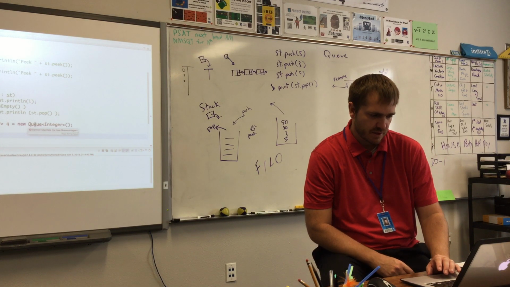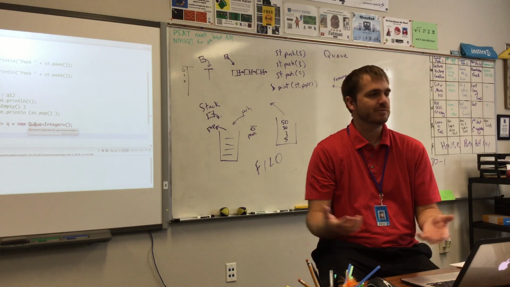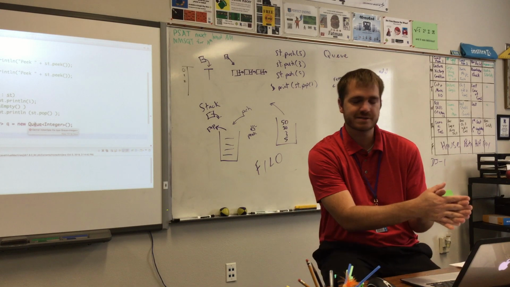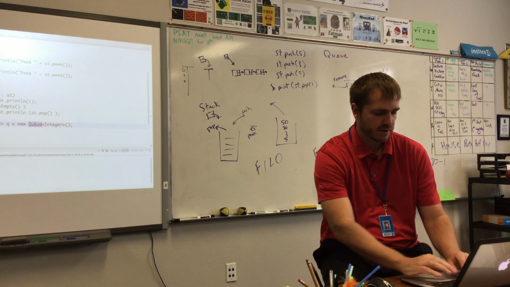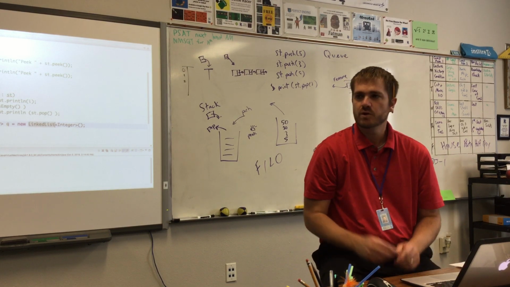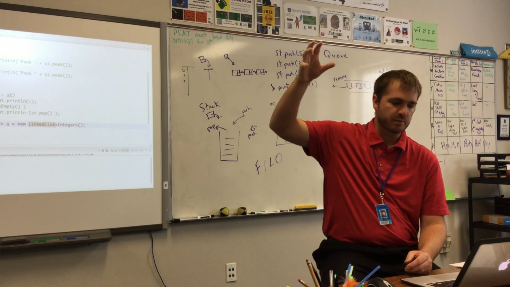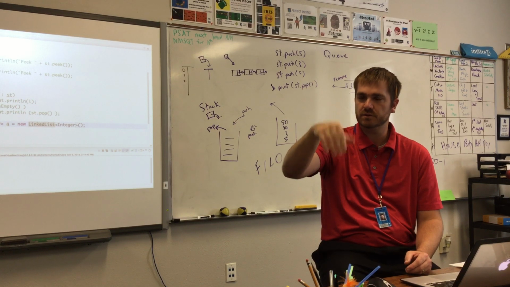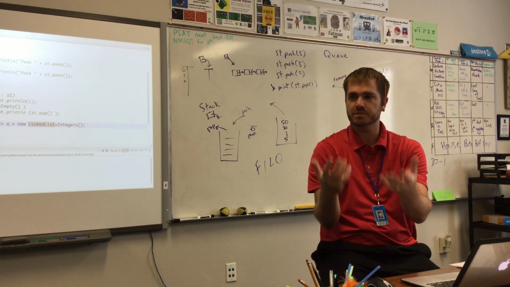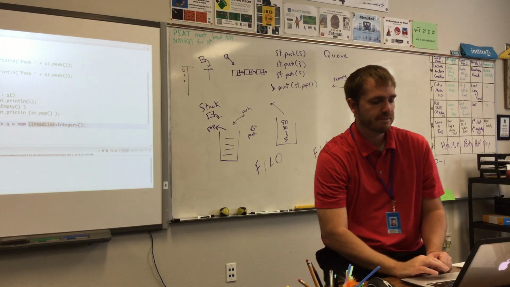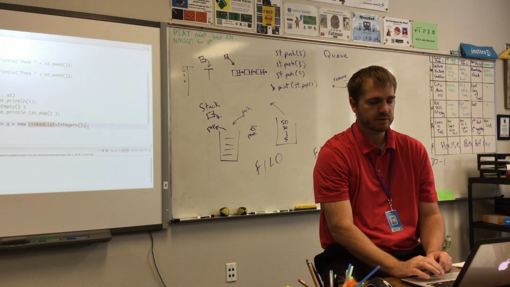Wait a second. Cannot instantiate the type Queue. Why can we not instantiate a Queue? Because it's an interface. So over here I'll say LinkedList. Remember, if the variable is a Queue variable, it can point to a class type which implements that interface. Like parents can point to their children, but the children can't point to the parents. So it's a new LinkedList.